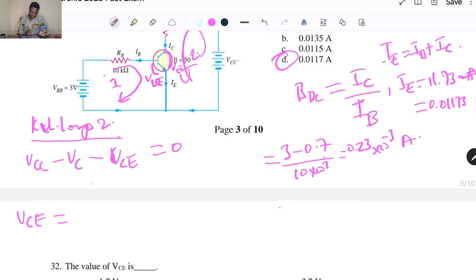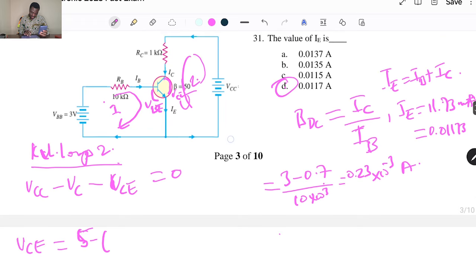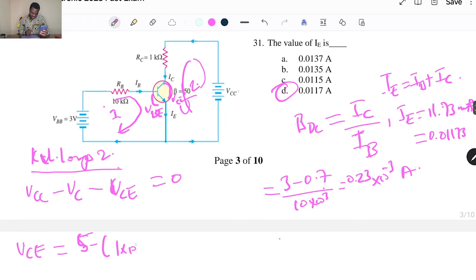If you assume VCC to be 5, then I have 5 minus VC here, which is going to be equal to the resistance, which is 1 kilo, times the current which we got. Remember I got 0.23 times 50. That will be 11.5 times 10 to the power minus 3.